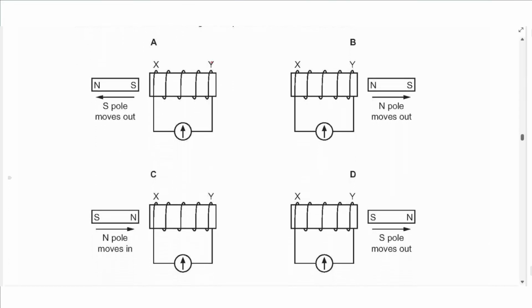In diagram A, an S pole is moving away, so that would induce an N pole.